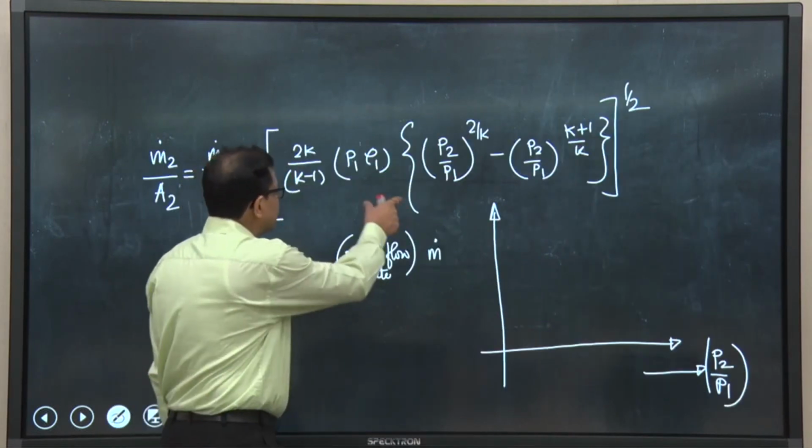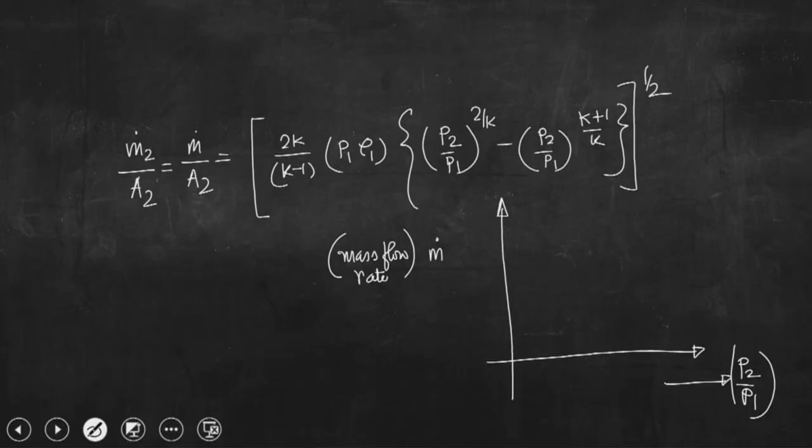What we can see from this expression? So, when P2 equal to P1, I will be discussing 3 different cases. So, case when P2 equal to P1, this means P2 by P1 equal to 1.